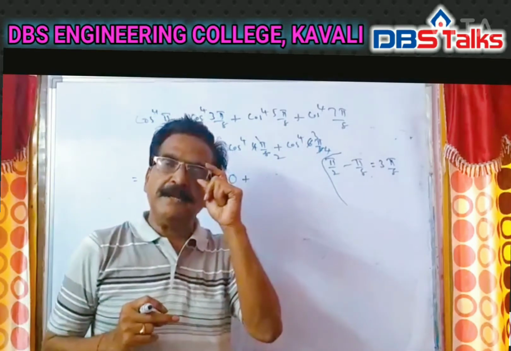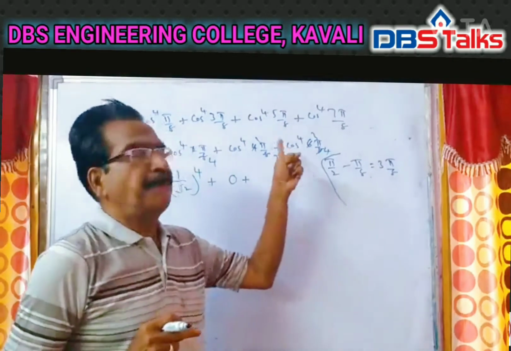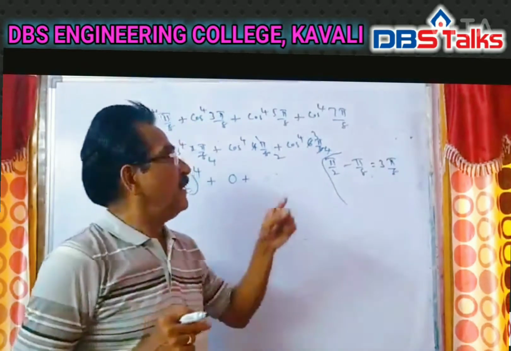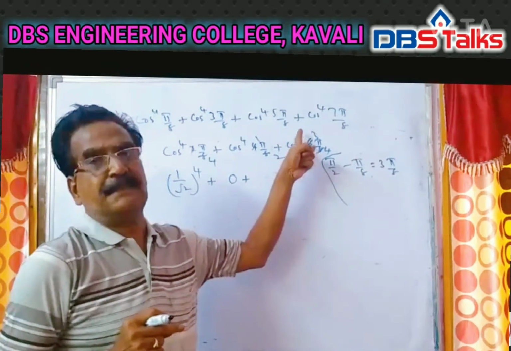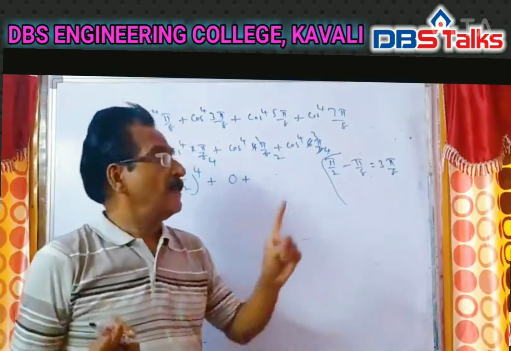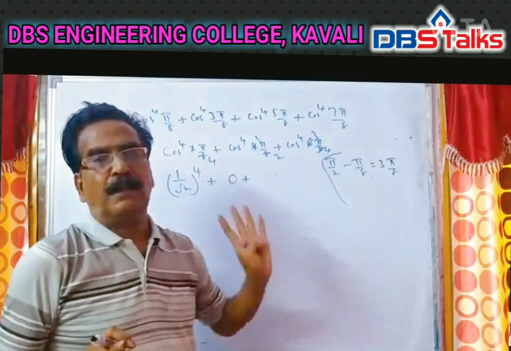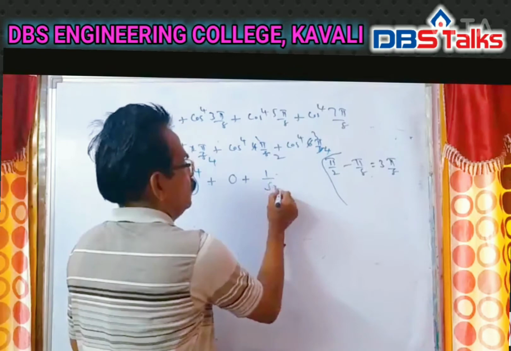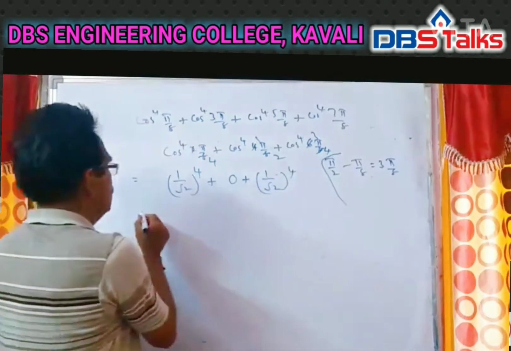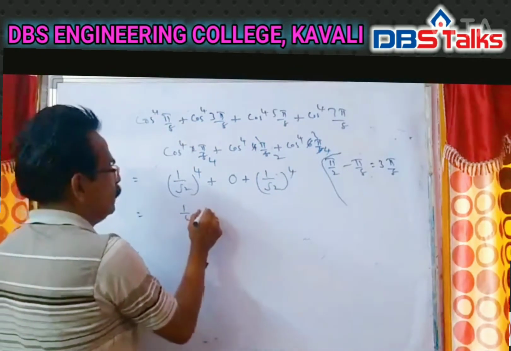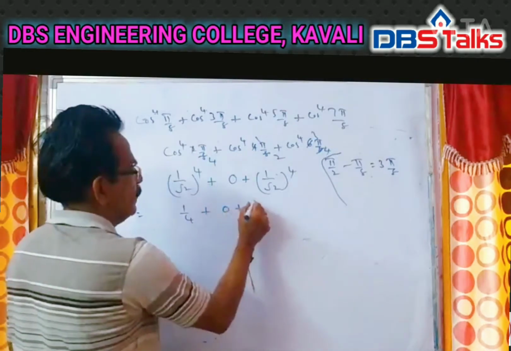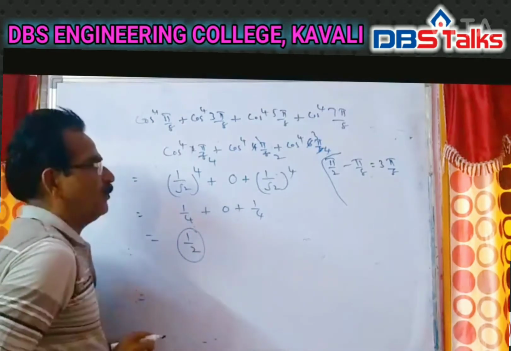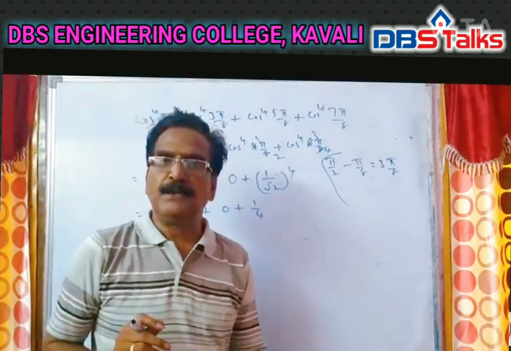Cos pi minus theta is minus cos theta. Of course, here the power is 4, so it becomes plus cos pi by 4. Cos pi by 4 means 1 by root 2, 1 by root 2 whole power 4. So this is equal to 1 by 4 plus 0 plus 1 by 4. 1 by 4 plus 1 by 4 means 1 by 2.